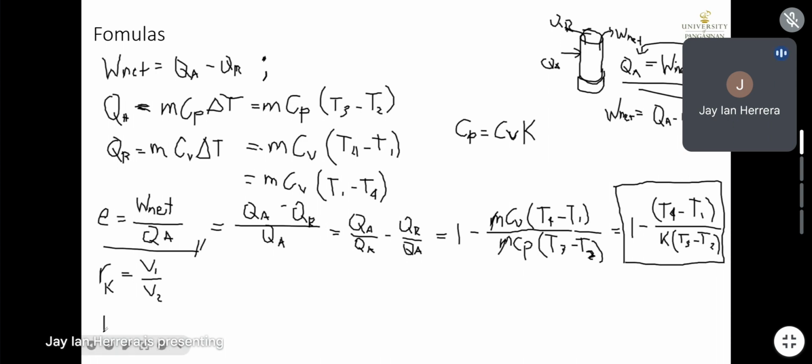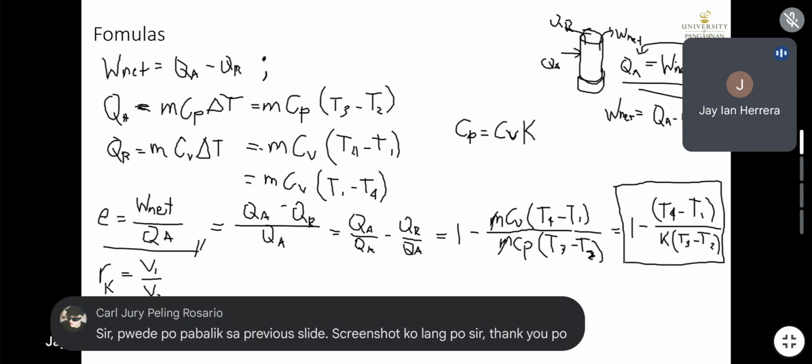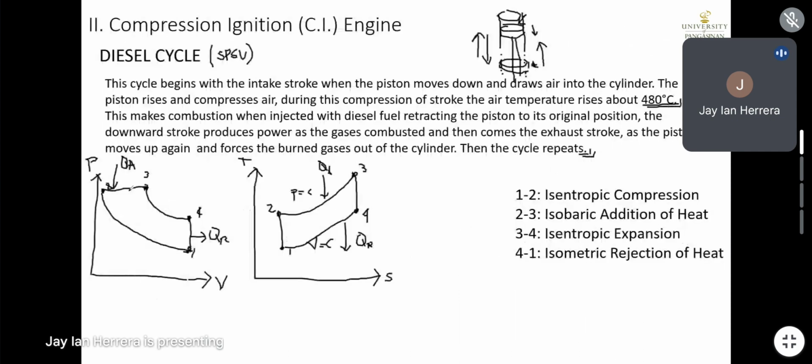For diesel, may idadagdag tayong ratio RC or the cut-off ratio. The cut-off ratio naman, this is equivalent to V3 all over V2. Bakit? Cut-off ratio. Ayan.